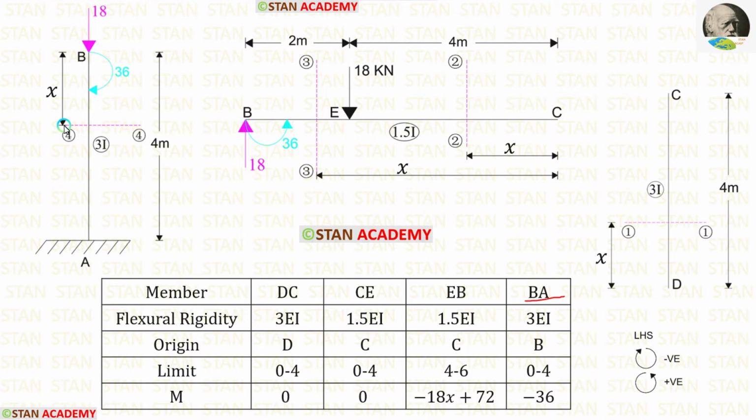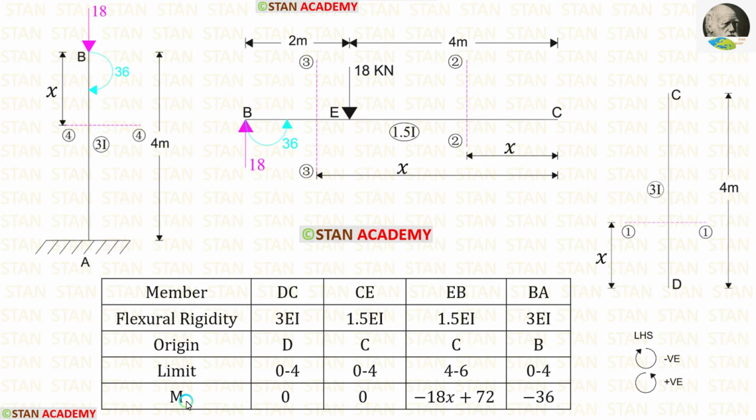In BA, I have made the section at a distance of x from the point B. So the origin of the section should be B. The limit is 0 to 4. The moment of inertia for BA is 3I. So the flexural rigidity should be 3EI.